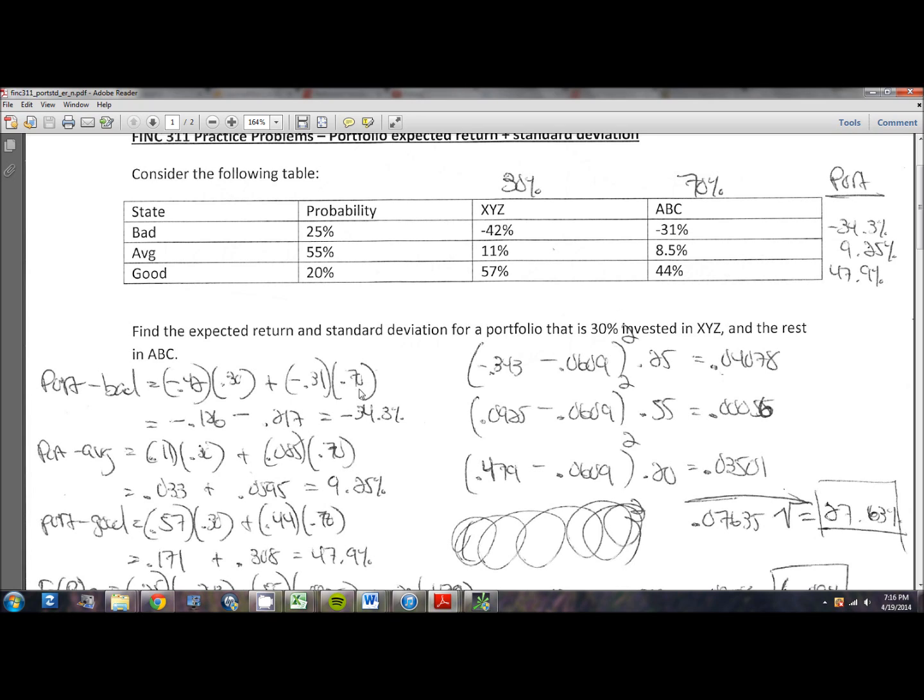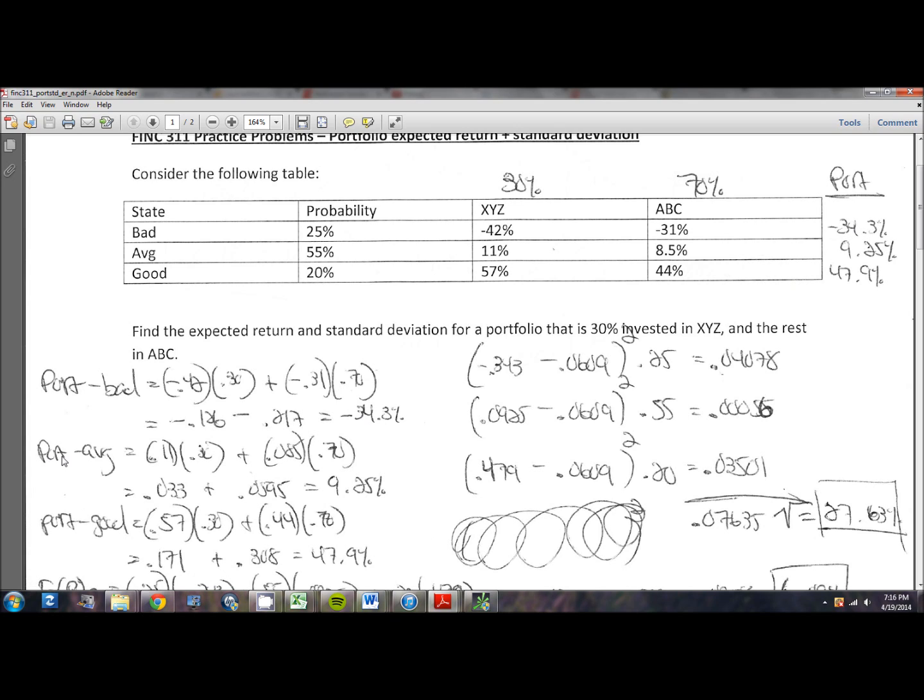That gives you these two numbers, negative 0.126 and negative 0.217. When you net those two together, you get negative 34.3. So that is where this number comes from.